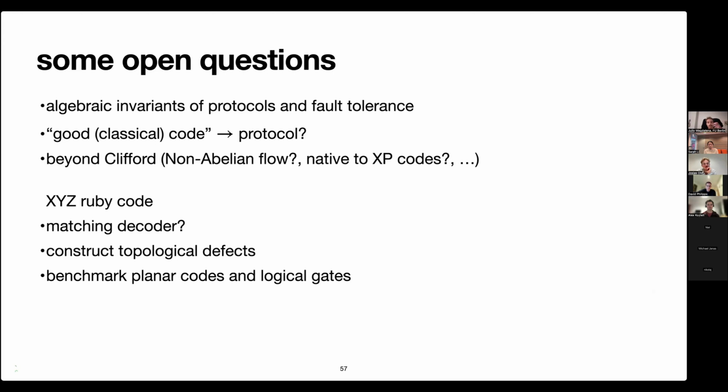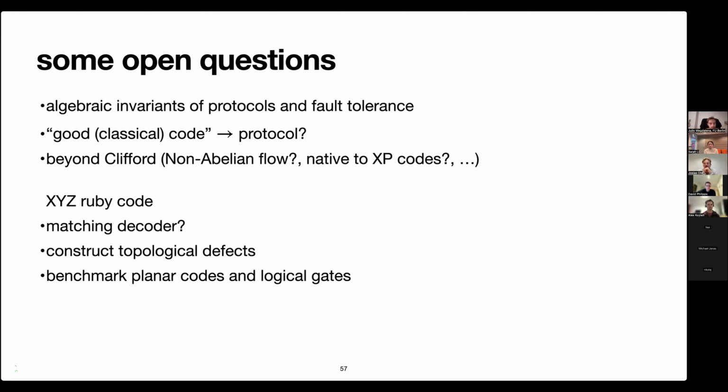People have understood this for certain classes of codes, but there's a lot of research going on in code design, so finding good subspaces into which we can encode information in a very efficient manner, and finding this version for the full circuit would be an interesting open question to tackle.